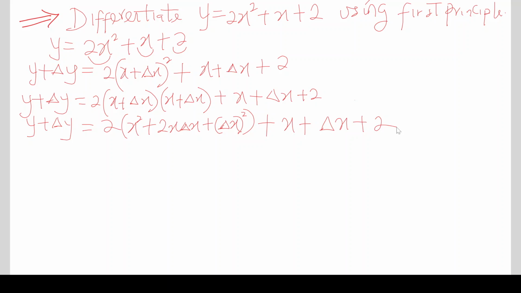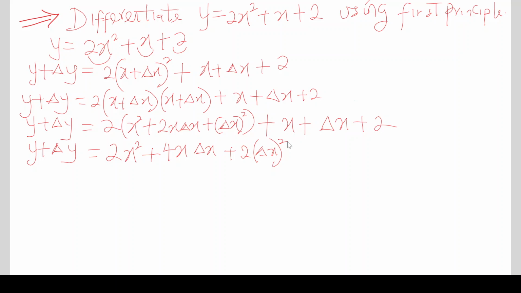From here, we use the 2 to multiply all through. So we have 2x squared, then 2 times 2x delta x, that's plus 4x delta x, then 2 times delta x squared becomes plus 2 delta x squared.